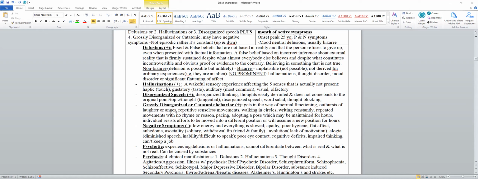Under the positive symptom of grossly disorganized or catatonic behavior: gets in the way of normal functioning, outbursts of laughter or anger, repetitive, senseless movements, walking in circles, writing constantly, repeated movements with no rhyme or reason, pacing, adopting a pose which may be maintained for hours. Individual resists efforts to be moved into a different position or will assume a new position for hours.